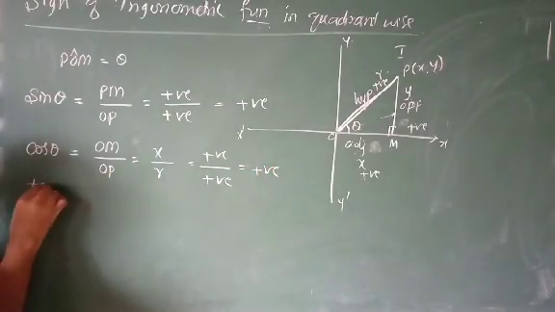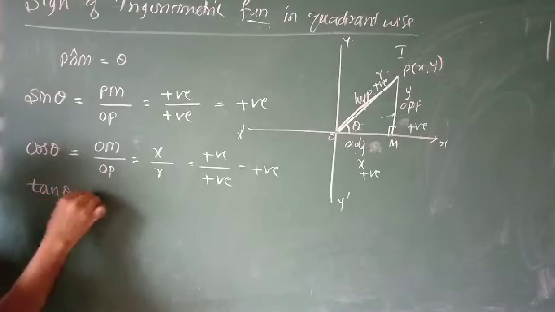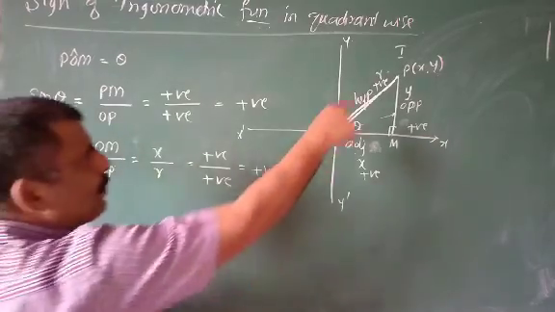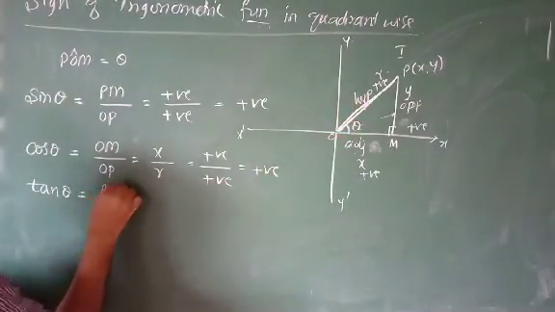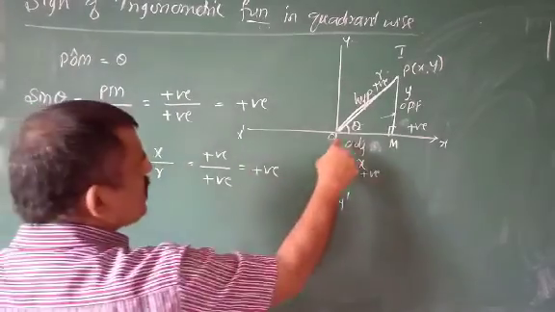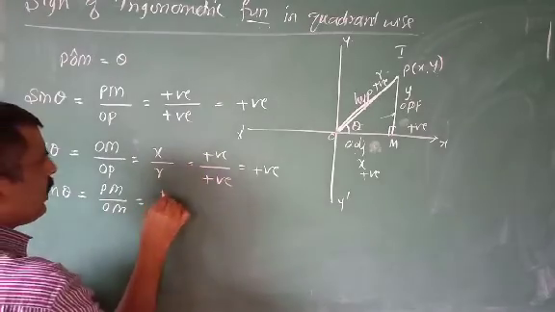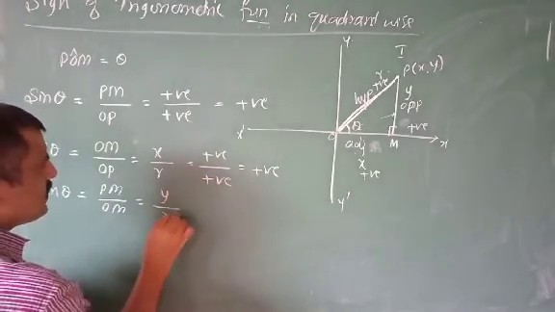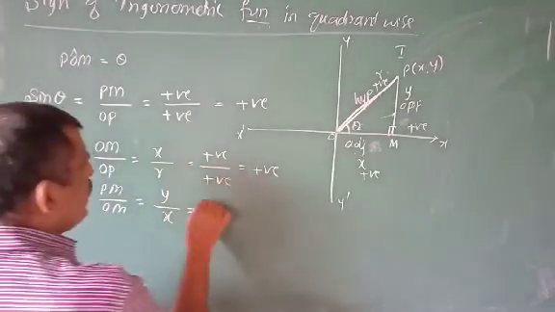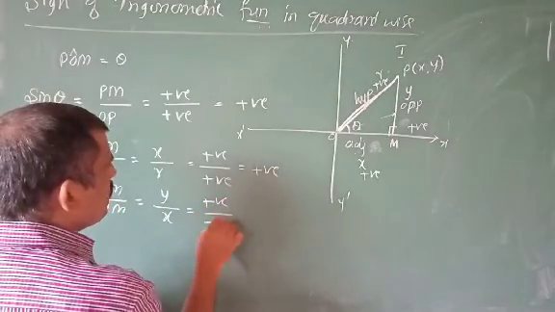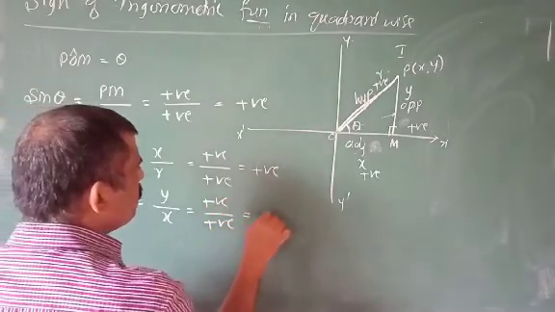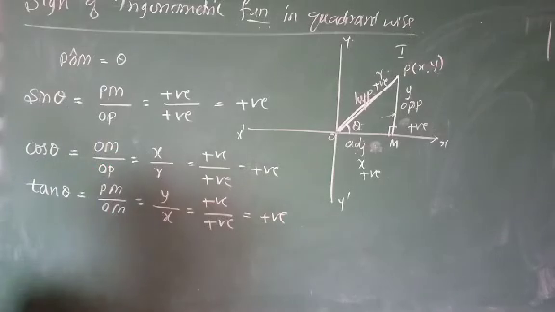Next is tan theta, which is the opposite side PM divided by the adjacent side OM. PM is equal to y, divided by the adjacent side x. y is positive and x is positive, so positive divided by positive is positive.